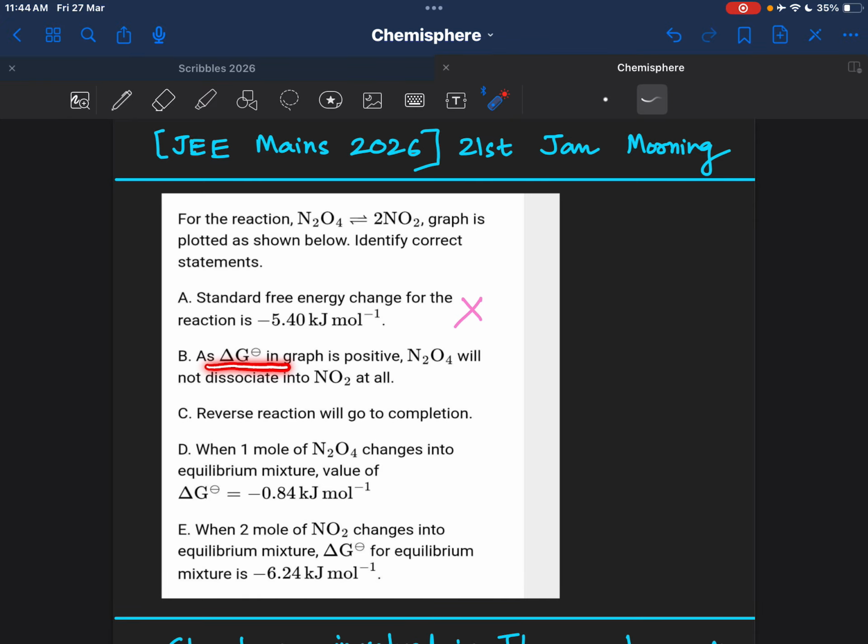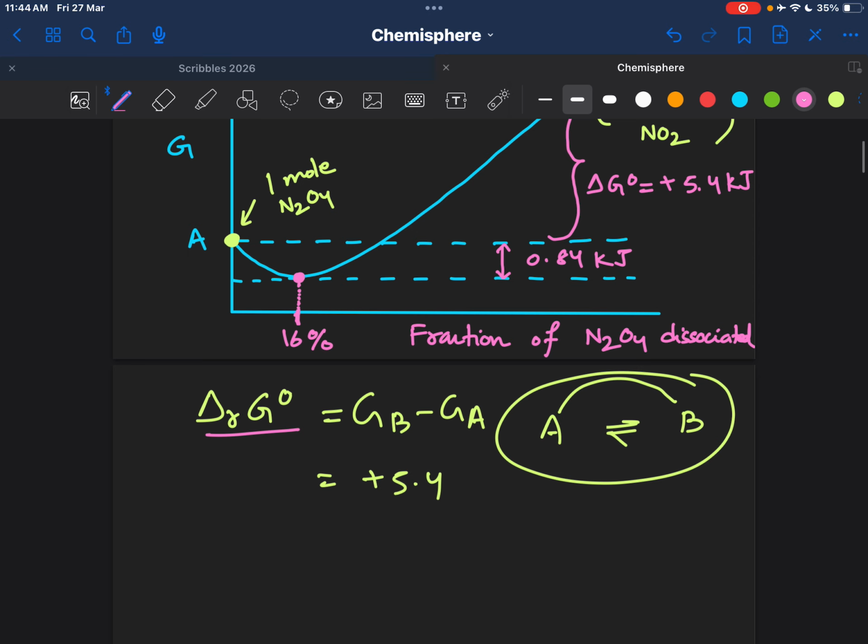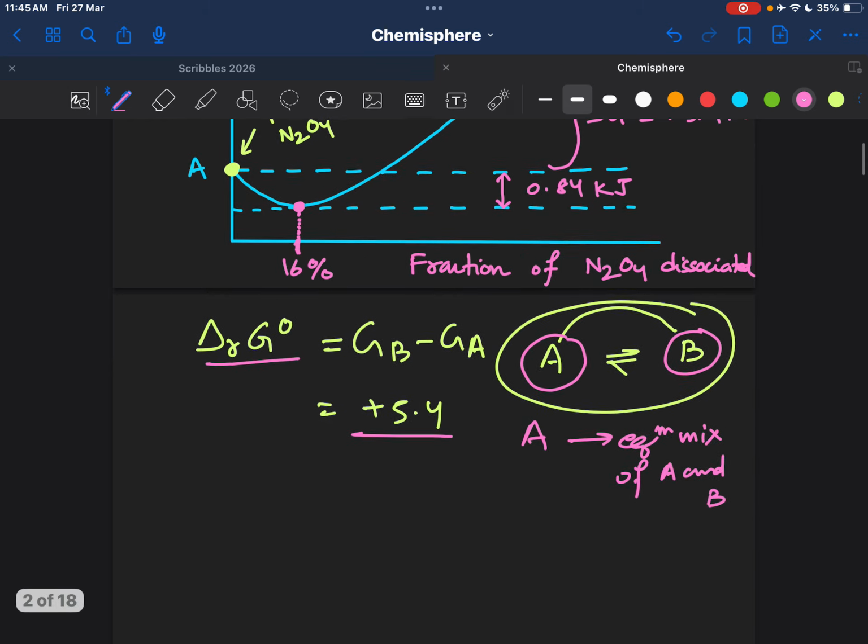Second, as delta G naught in graph is positive, N2O4 will not dissociate into NO2 at all. Again, I told you that yes, the delta G naught is plus 5.4, but that is assuming that A completely becomes B, but that doesn't happen. A usually becomes an equilibrium mixture of A and B because this is a reversible reaction. So let us calculate the delta G for this to happen.